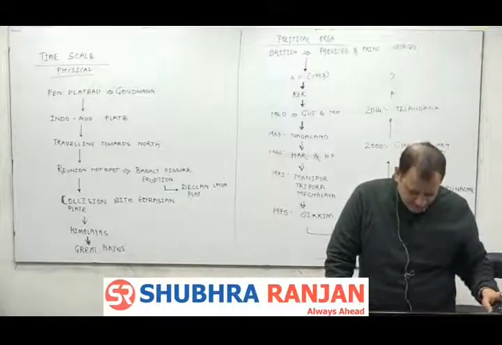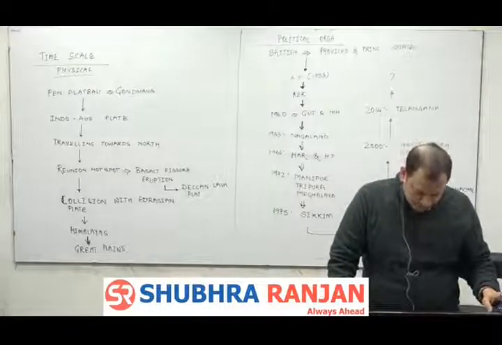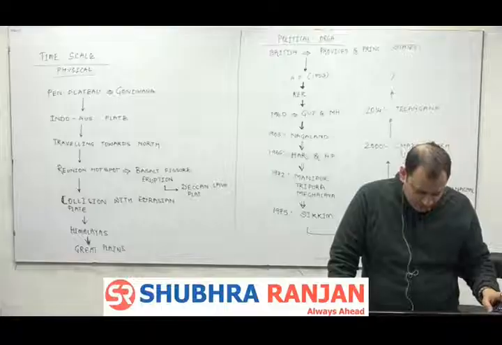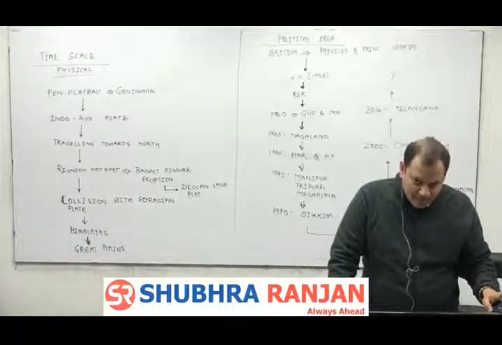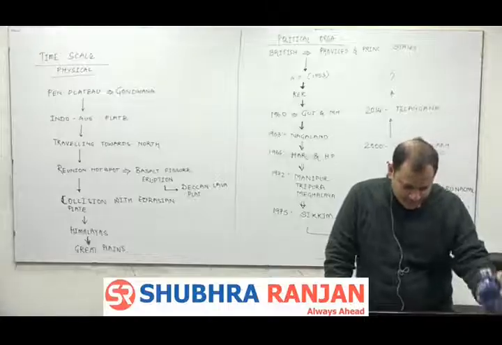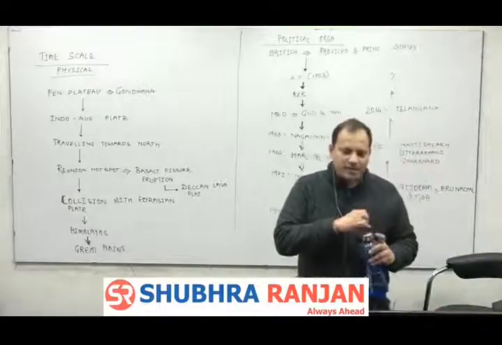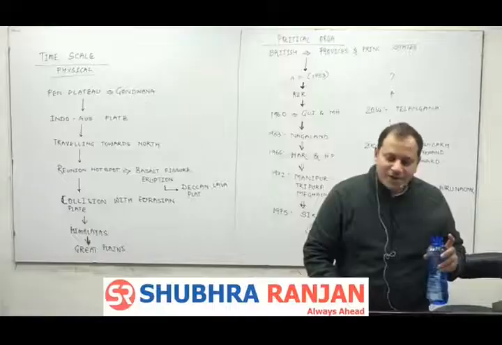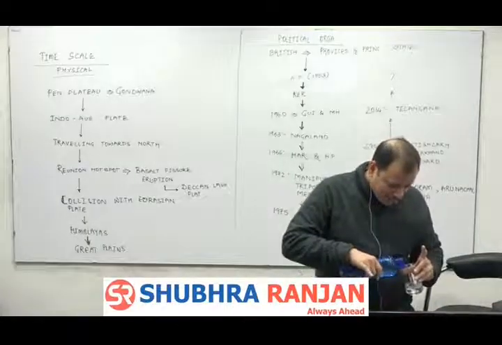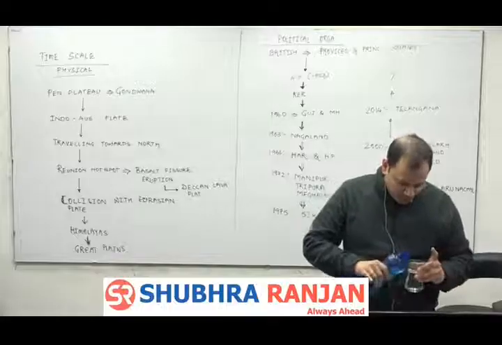Fifth, Kerala. Sixth, Orissa. Seventh, Karnataka. Eighth, West Bengal. West Bengal is bigger than Goa. Ninth, Goa.